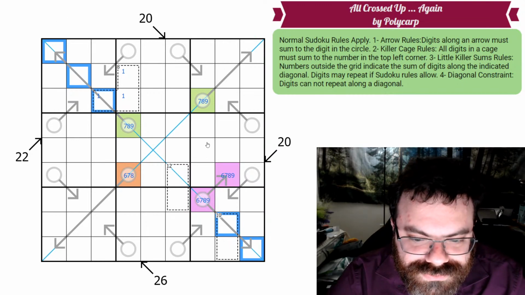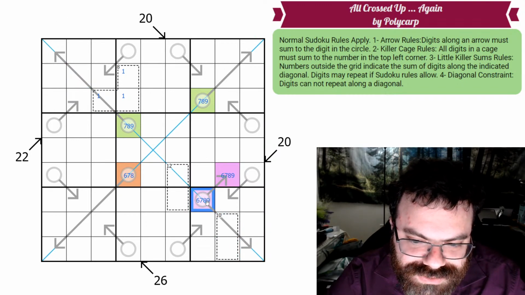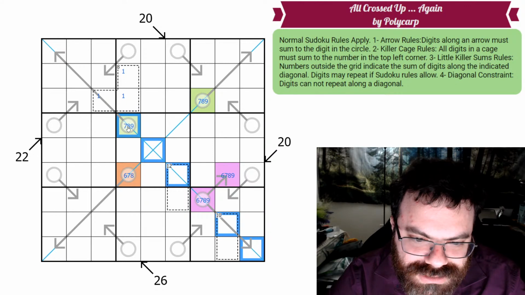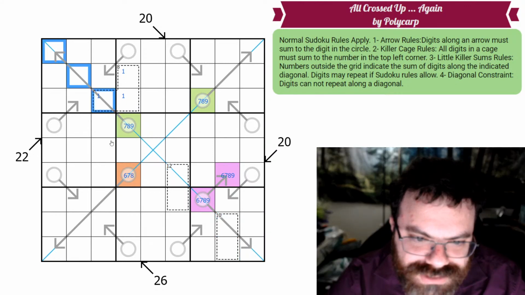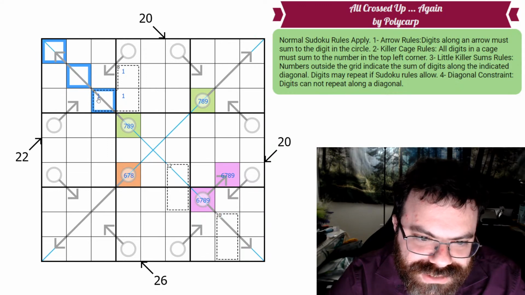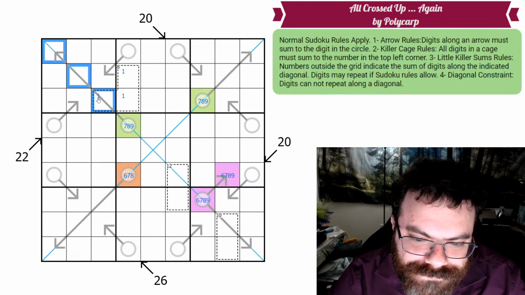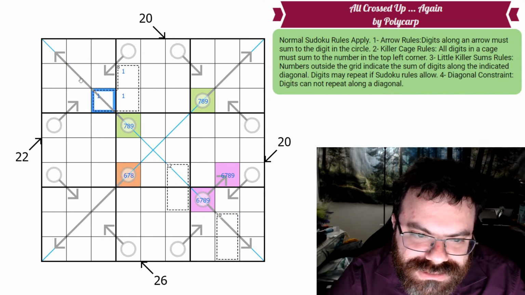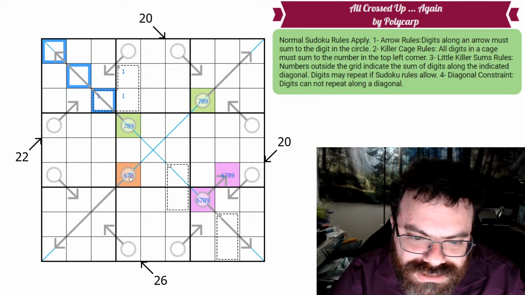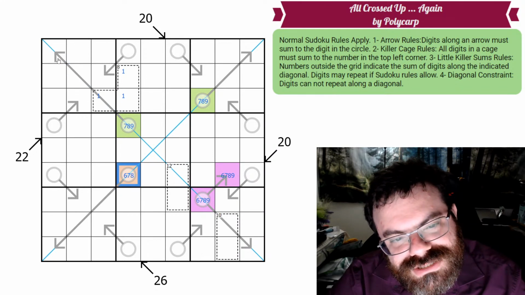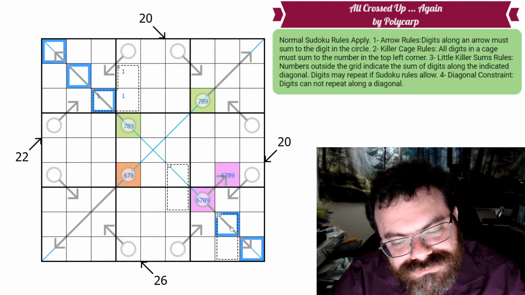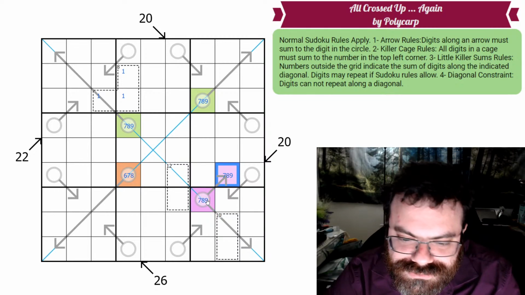I think that's true. If purple were 6, orange couldn't go on this arrow. Orange can't go here. And so orange would go here, and it can't be 6, so it would have to be 7 minimum, and then you can't put 7 on the 3-cell arrow. So 6 would be forced here. Anyway, so this isn't 6.